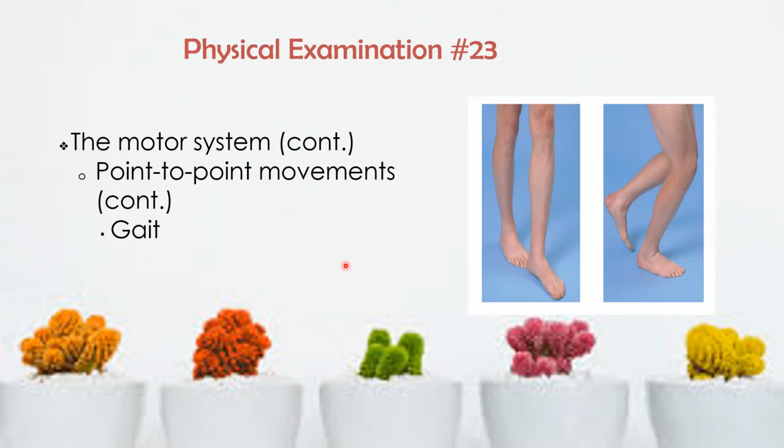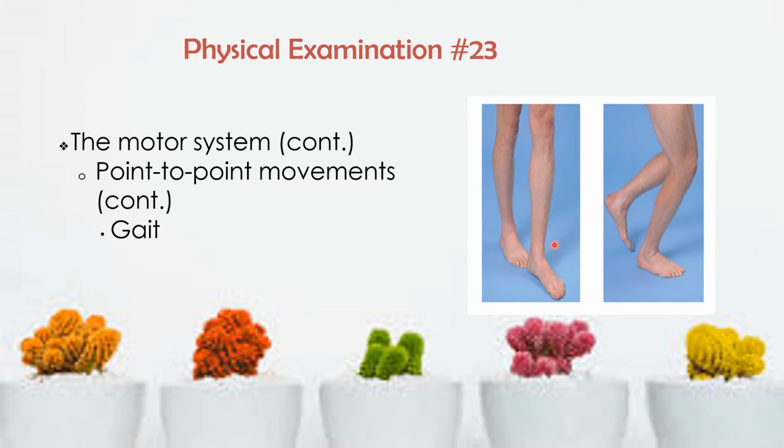Another way of assessing the motor system, again for point-to-point movements, is using gait. You can ask the patient to walk across the room or down the hall, then turn and come back. You observe posture, balance, swinging of the arms, and movements of the legs.